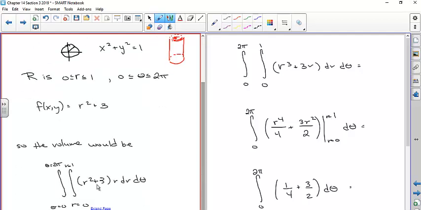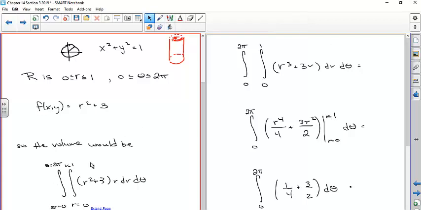So the integral becomes this, in polar coordinates. This is the inside integral, which involves the radius from 0 to 1, and then theta goes from 0 to 2 pi.